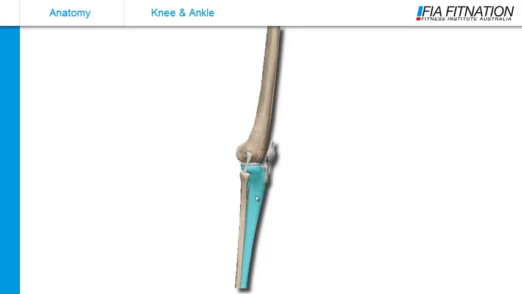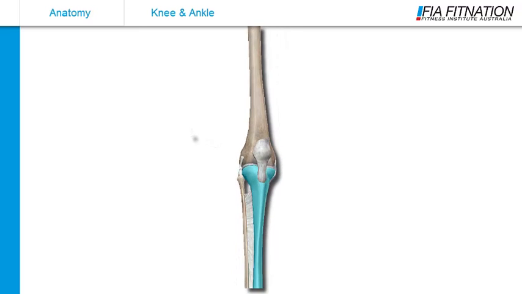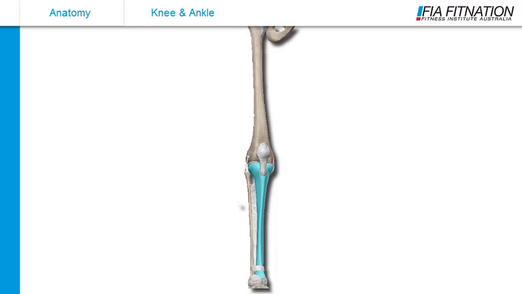Then we have the tibia, which is the major weight-bearing bone of the lower leg, and laterally to that we have the fibula, which is smaller and slender, and bears much less weight than the tibia, and is predominantly there to give another surface for muscles to attach to.